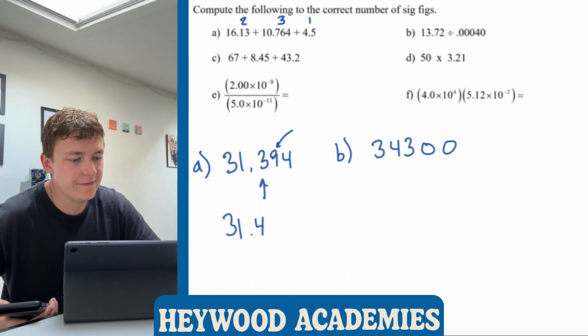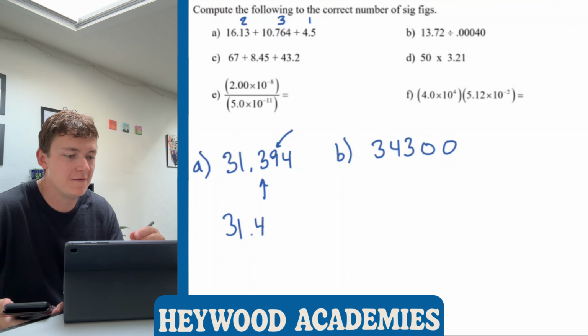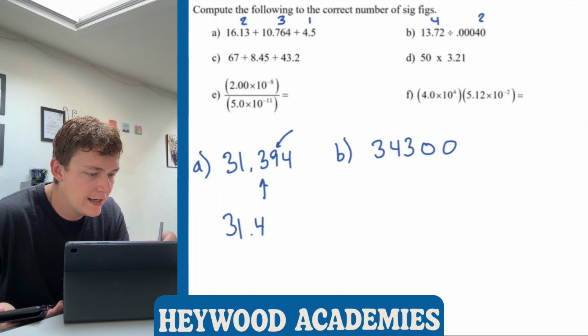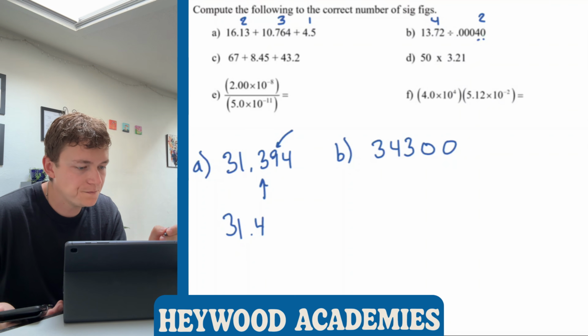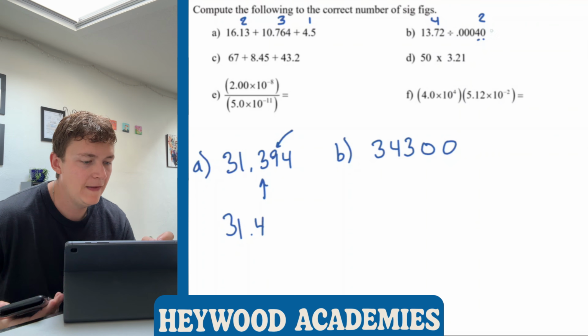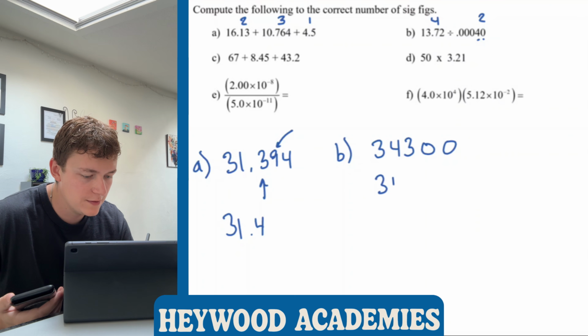So now the significant figures becomes important. So now we're not looking at the decimal places, we're counting significant figures. The first one has 4 significant figures. The second one has 2 significant figures. We go with whichever is the lower number of sig figs. So the lower out of 4 and 2 is 2. So we're going to round this to 34000.